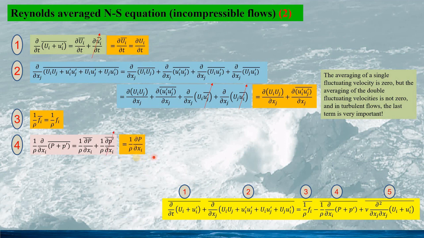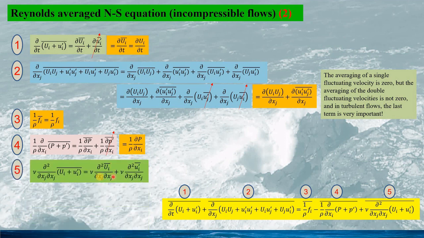Thus, we have the expression for the fourth term. Similarly, in the fifth term, we can separate the expression into two terms. Now we can see this term is 0 because it is the averaging of the fluctuation u prime i. Therefore, the fifth term is given by this.